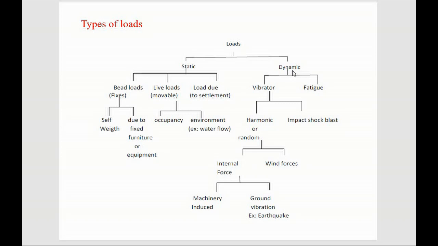After 5 seconds it may also decrease. This is how a dynamic load will be acting, and it always keeps on varying and fluctuating with the time. So this is how we can describe a dynamic load.